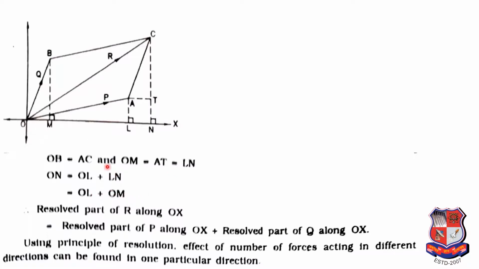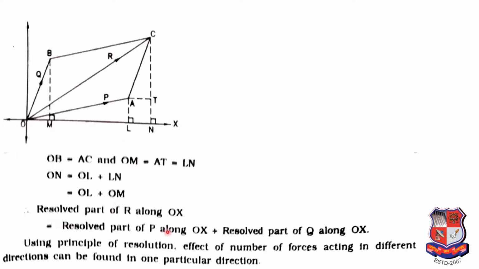Why? Because we know that OB is equal to AC and OM is equal to AT is equal to LN. So in place of LN, OM will be there. So ON is equal to OL plus OM. This is nothing but simple, from that figure we have pulled.